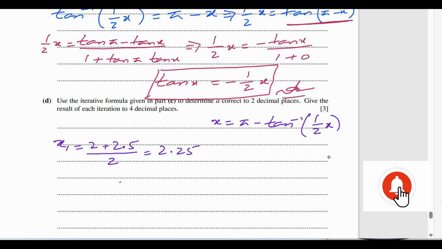Now for the next part, x2 will be equal to pi minus tan inverse of 1 by 2 into 2.25.